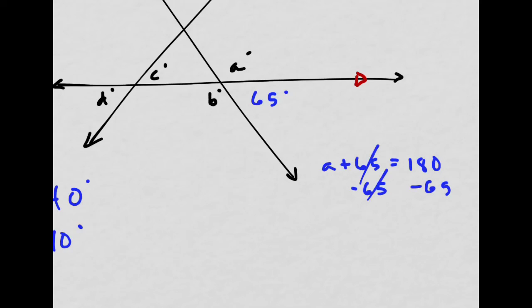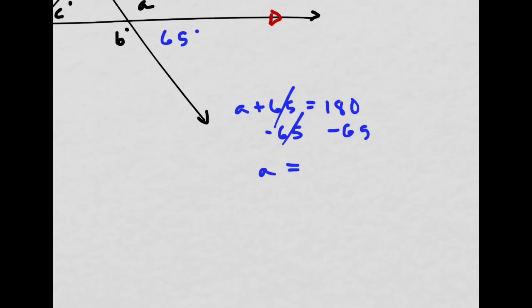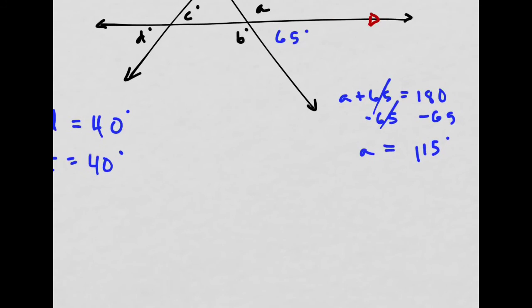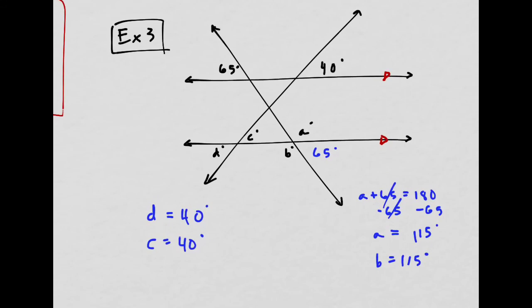It's not difficult. You just got to remember some things. And hopefully you can see that it makes sense. So A is 115 degrees, which also means B is 115 degrees. And we are done with that one.